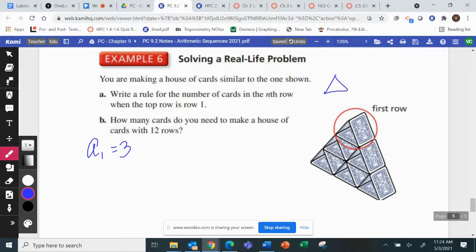So then what are we adding for the next row? 1, 2, 3, 4, 5, 6. So adding 3. So we'd have 3, a sub 2 would be 6, a sub 3 would be 9.